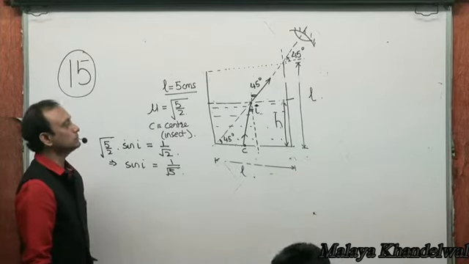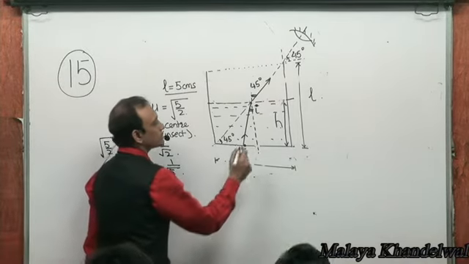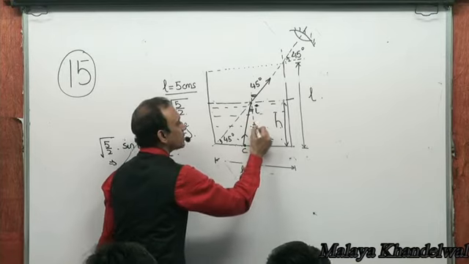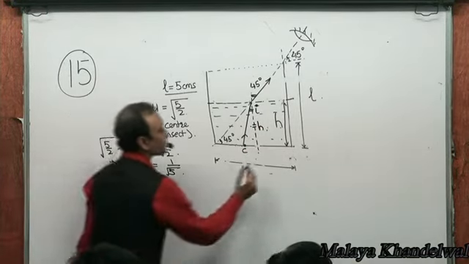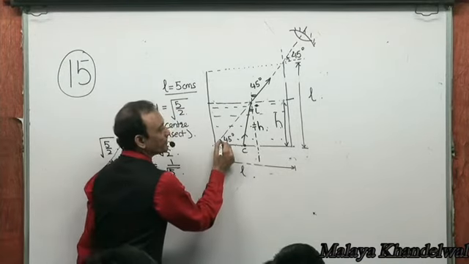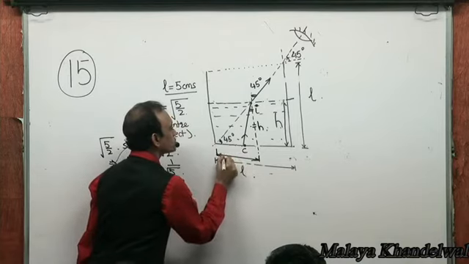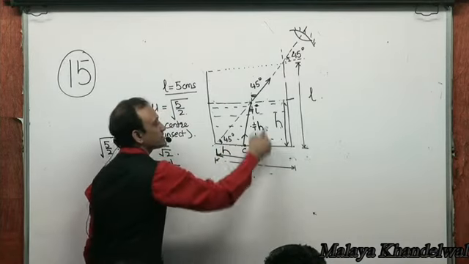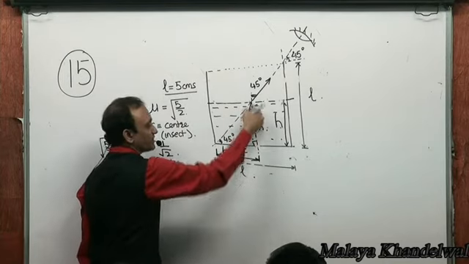Now realize that this height is h. This is 45 degrees, so then this also has to be h. This is a right angled isosceles triangle, 45 degrees, 90 degrees, 45 degrees, so this is h and h.